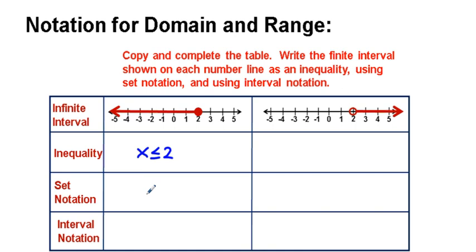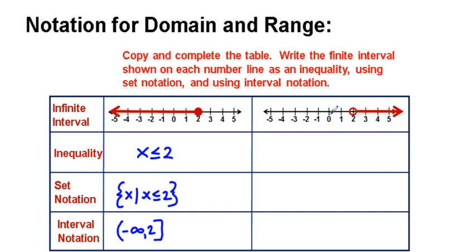In set notation, x such that x is less than or equal to 2. And finally, in interval notation, we have greater than negative infinity, comma 2, bracket.